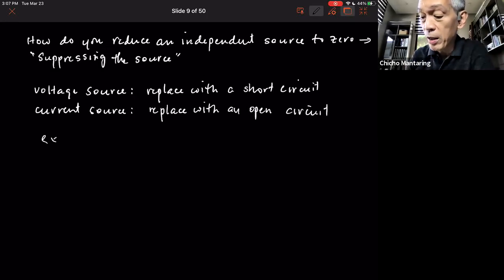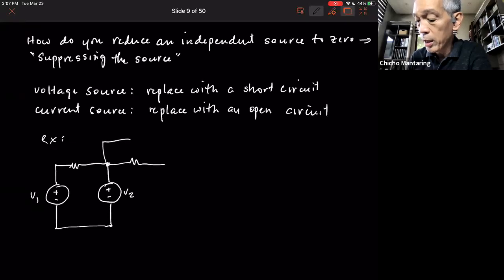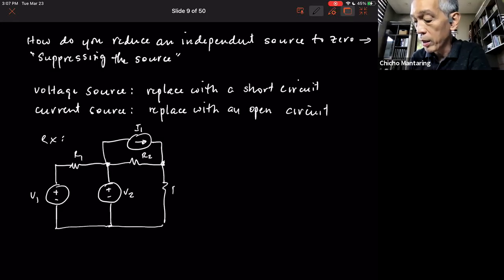Now, for example, I'll give an example. Let's say I have this circuit, V1, say V2, then let's say I1, and then let's say R1, R2, R3.